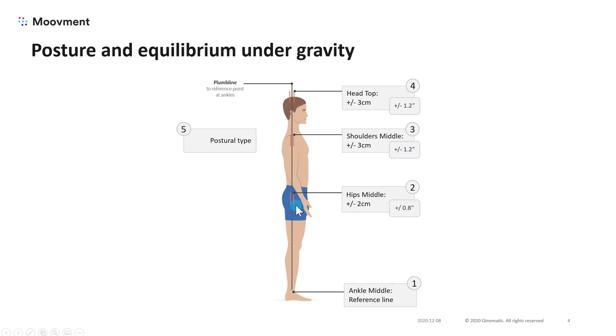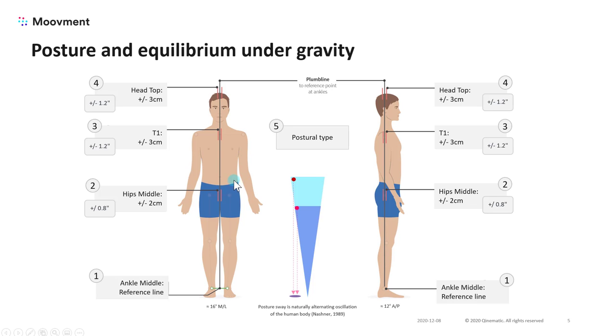We draw the line at 2 centimeters forwards or backwards of the reference line for the hips, 3 centimeters for the shoulders, and 3 centimeters for the head. Once you've defined the configuration from the side of the hips, shoulders, and head, you can then define the postural type. When looking from the front and looking from the side, you need to consider what is normal.